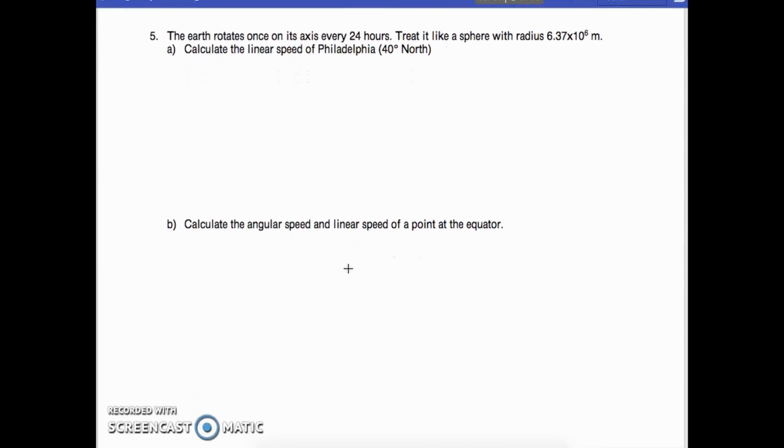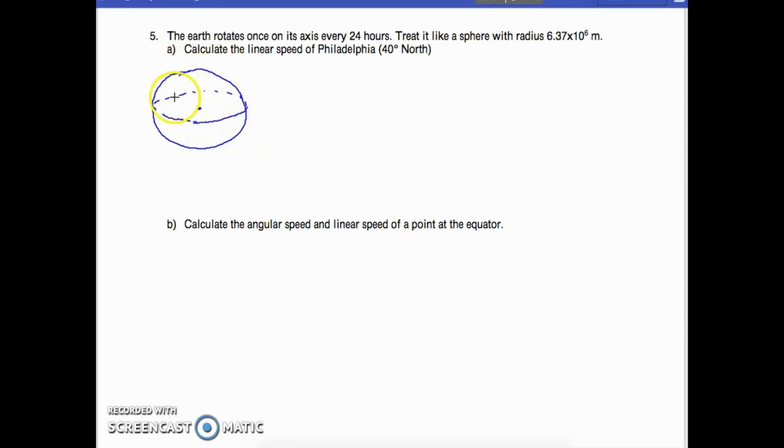All right, the last problem in this set, we have the Earth spinning, and we're near Philadelphia, just outside Philadelphia. So here's the center of the Earth, and the equator there.